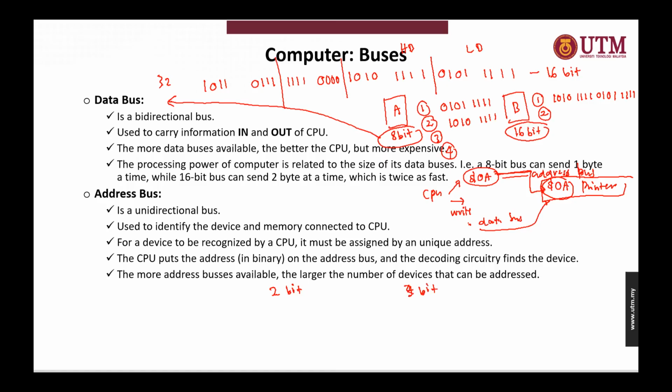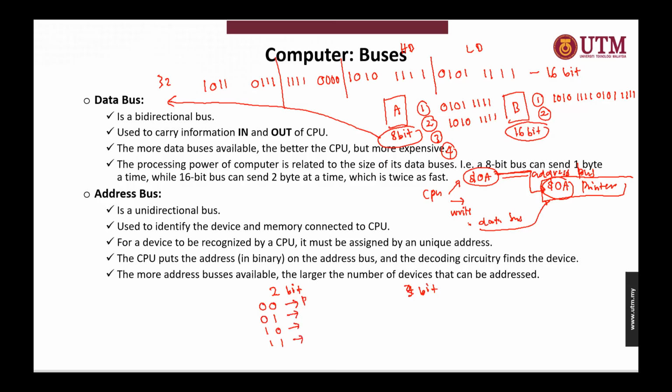For the 2-bit address, remember back, the combination of 2-bit numbers is 00, 01, 10, and 11. Okay, means that I only can connect to 4 devices.